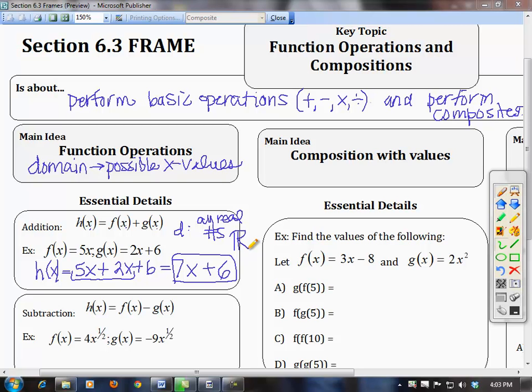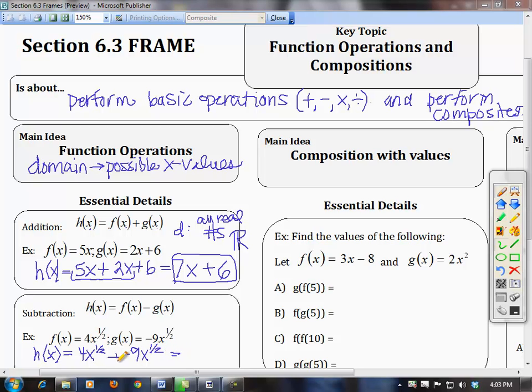Okay? In number 2, we're going to ask you to do the same thing. Only in this case, I'm giving you 2 separate equations, and we're going to ask you to subtract them. So to find h of x, I'm going to take this f, which is 4x to the 1/2, and I'm going to ask you to subtract the g, which is negative 9x to the 1/2.